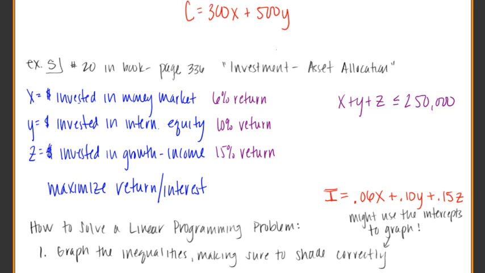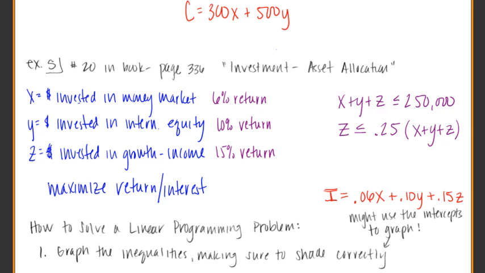Okay, so the growth and income fund, which is Z, the amount of money she puts in Z has to stay below, so it can't exceed 25%, so 0.25 times her total portfolio, where her total portfolio is what she's investing in all three of these accounts. So the amount of money she's investing in the growth and income fund can be no more than, so less than or equal to, 25% of her total investment.